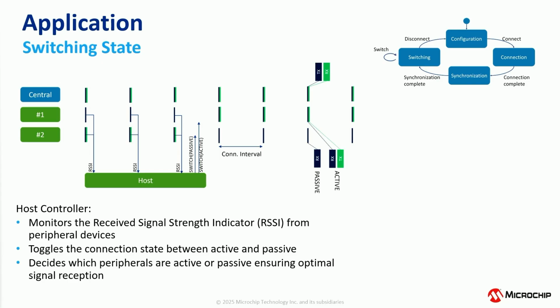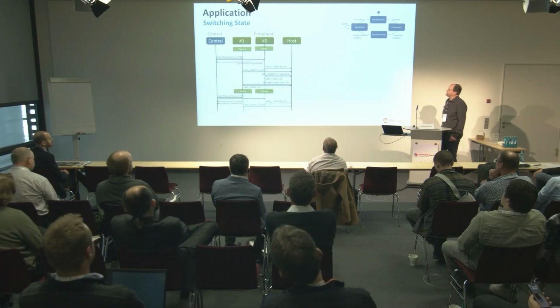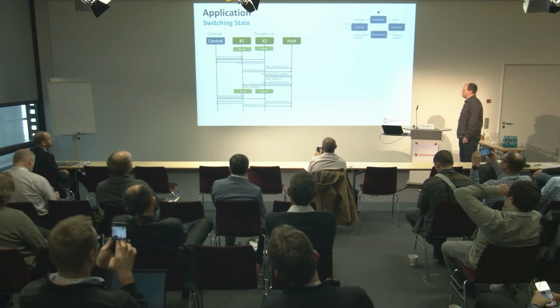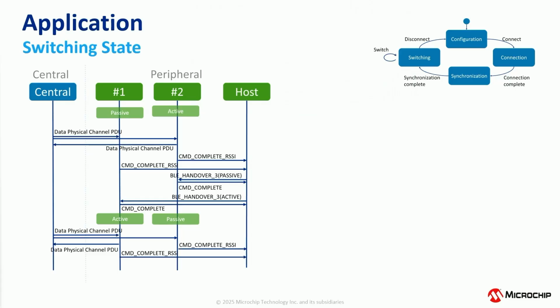So in the next slide, I show that it's a very optimized command set. This is the switching state in a sequence diagram. The central device sends the data PDUs to the peripheral device. In this case, peripheral 2 is active and sends back the response.